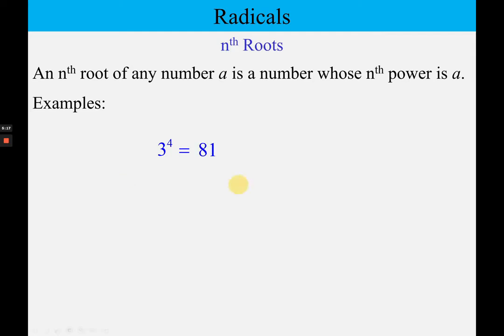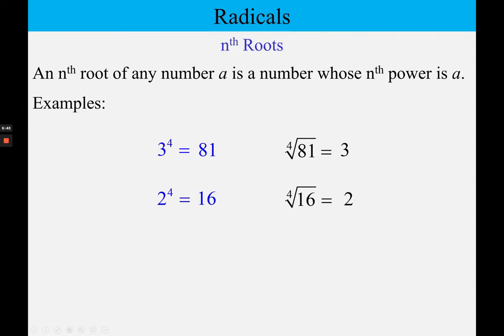Therefore, 4th root of 81 is equal to 3. Just to show the relationship of exponential form and radical form. If you have 2 to the power of 4, 2 times 2 is 4, 4 times 2 is 8, 8 times 2 is 16. 4th root of 16 is 2.